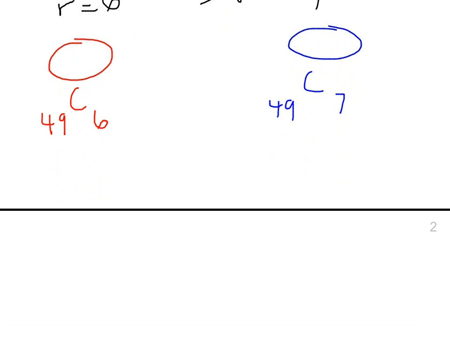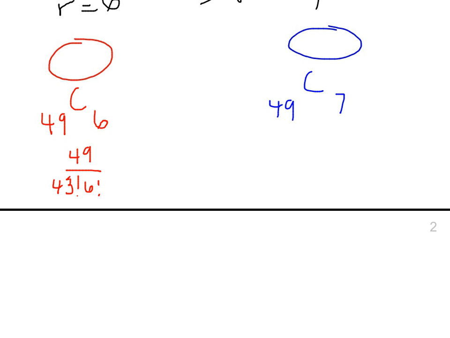49 choose 6 is going to be 49 factorial over 49 minus 6, which is 43, so 43 factorial, times 6 factorial. Remember the formula.